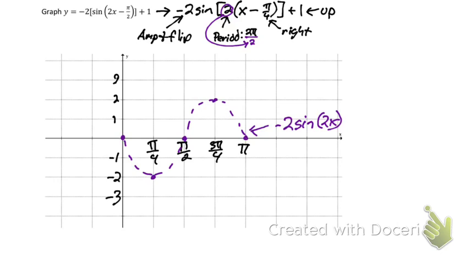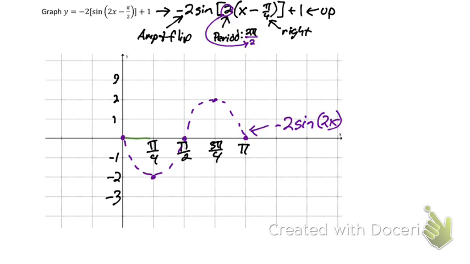Once I have the amplitude taken care of, I just have to do my right, left, up, down. So this tells you to go right, pi over 4, and up 1. So you're going to take every point. So we take that 0, 0, 1. Let's go in green.